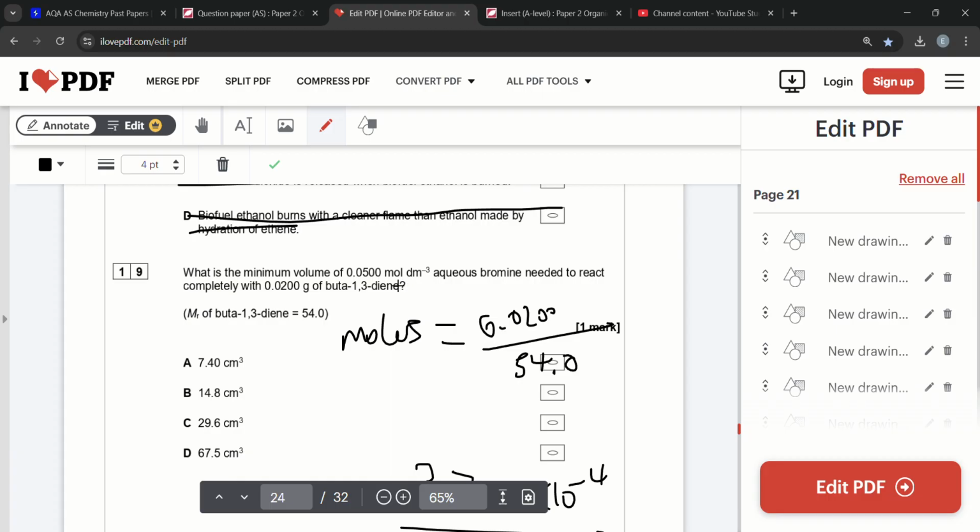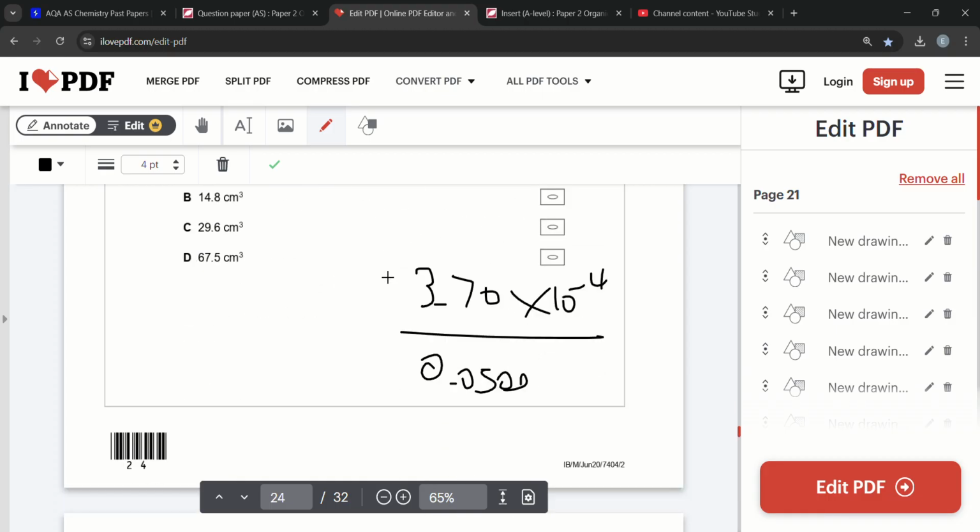To convert from dm cubed to cm cubed, we're going to multiply by 1000, so we divide my answer by 50.